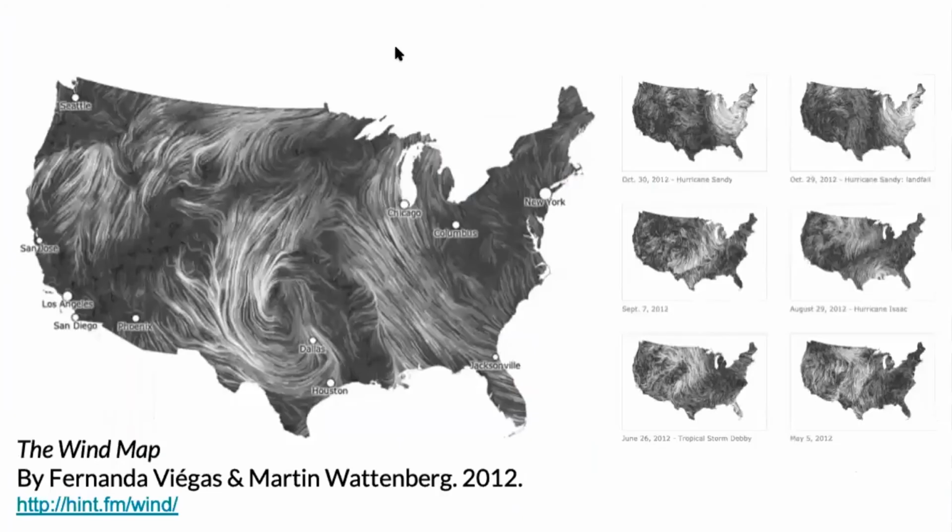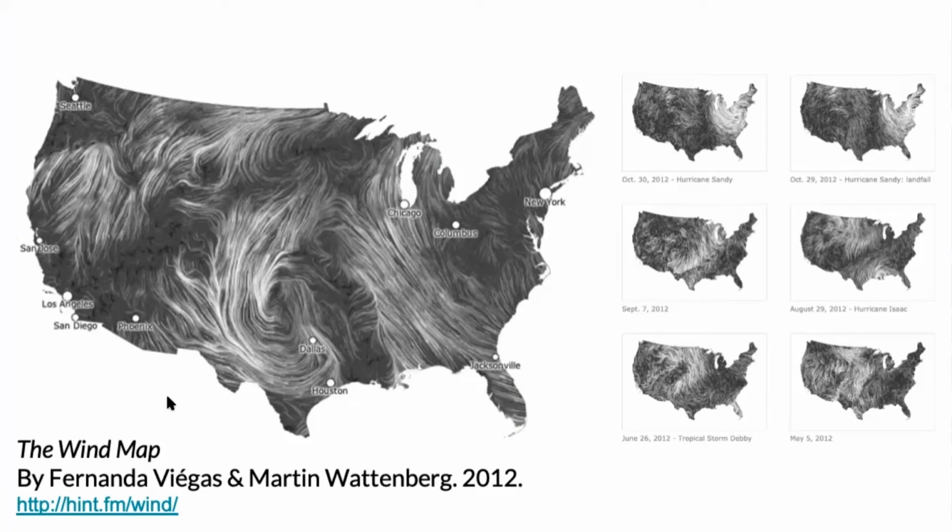This is the Wind Map by Fernanda Viegas and Martin Wattenberg. I could see a lot of people in the chat were saying that they found this really, really easy to read, and I think it's a lovely example. It is interesting that it doesn't look like a scientific map at all. It doesn't look like the kind of thing you'd see on the Weather Channel.